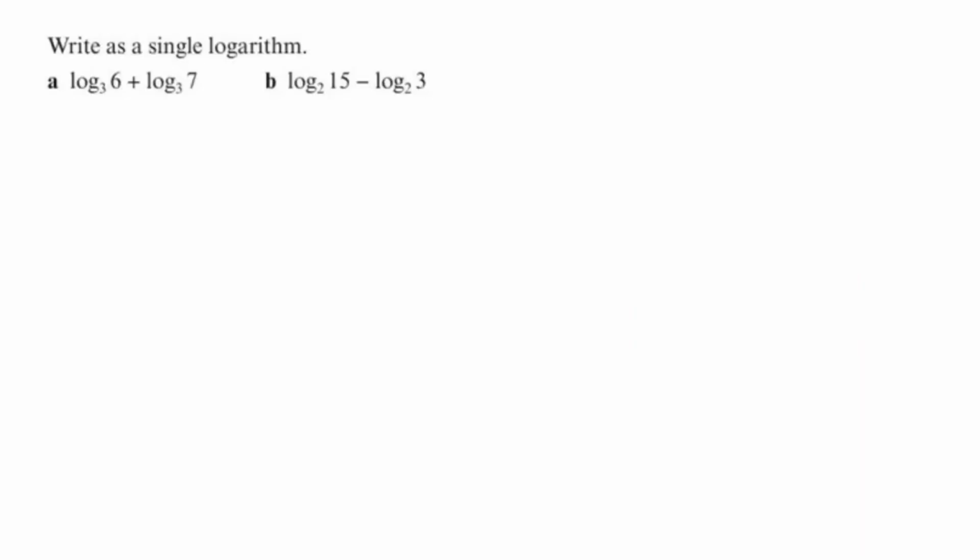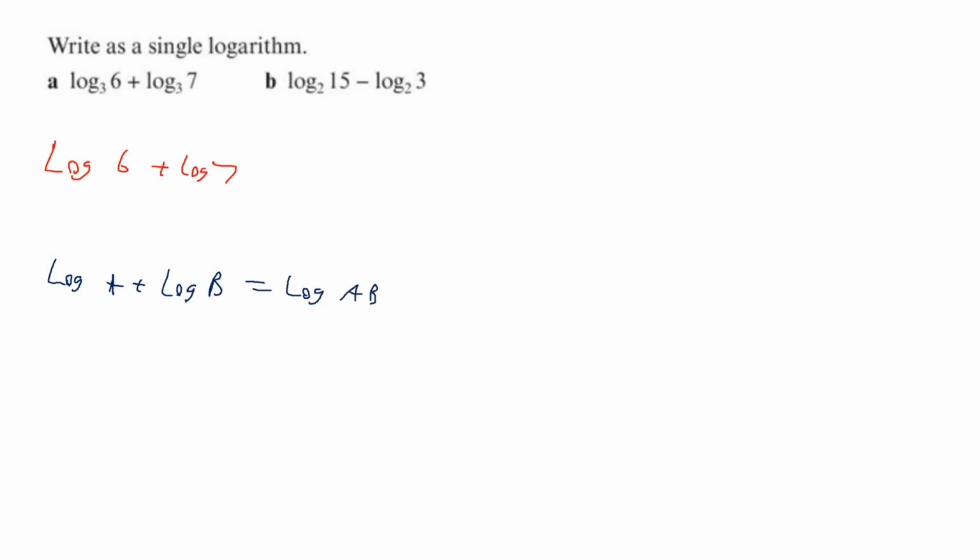Now let's use the log rules to make all of these one single logarithm, right? Log base 3 of 6 plus log base 3 of 7, right? Remember those fundamental laws that we were talking about, how log a plus log b is equal to log ab, right?